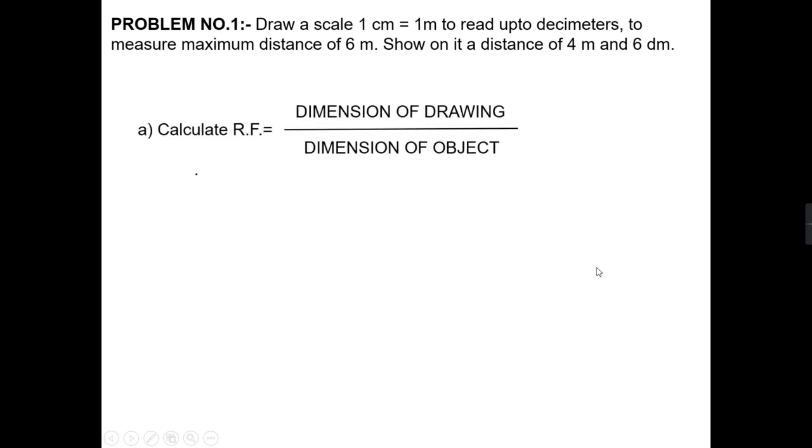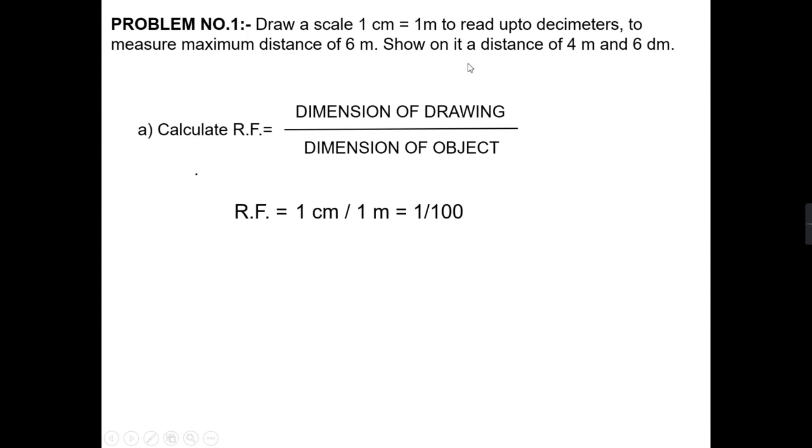So first of all, we need to calculate the RF. Basically the RF is given in the question itself. 1 centimeter equal to 1 meter means the dimension of the drawing is 1 centimeter and the dimension of the object is 1 meter. So the RF will be 1 by 100. Okay, so we will convert the meter into centimeters.